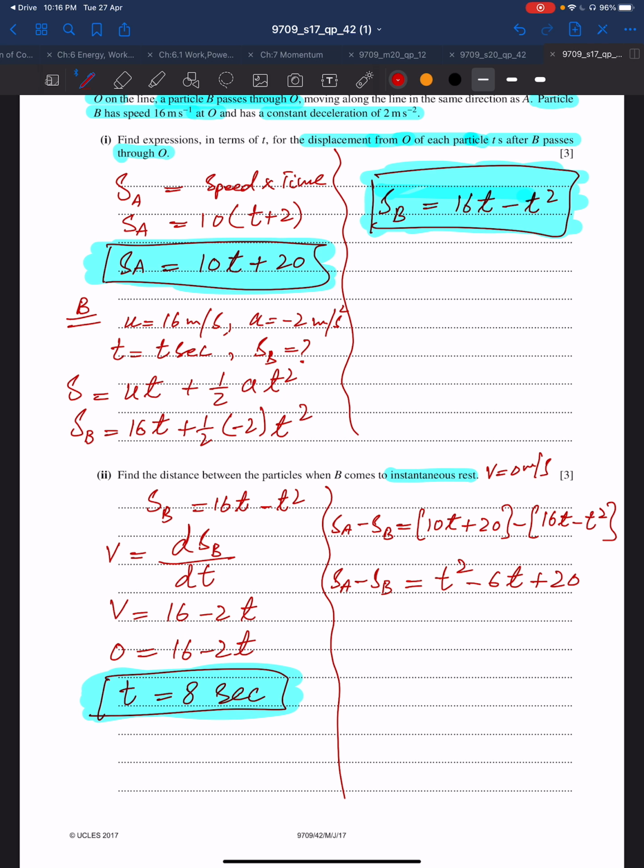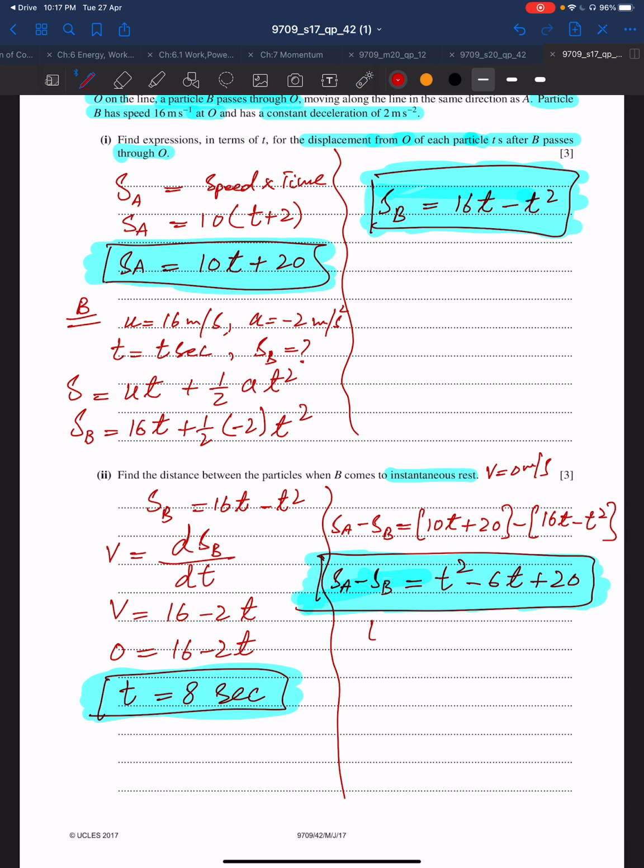Okay, let me highlight this first. We'll find out the difference between the displacements at t equal to 8 seconds, because at t equal to 8 seconds, particle B comes to rest, and we want to find the distance at the time when particle B has stopped.